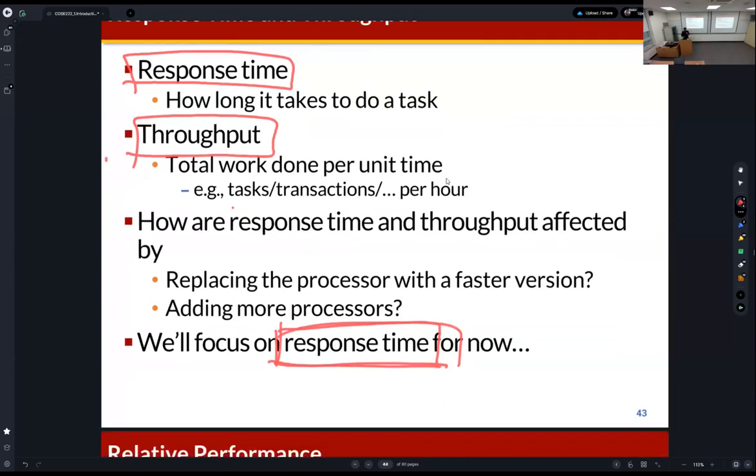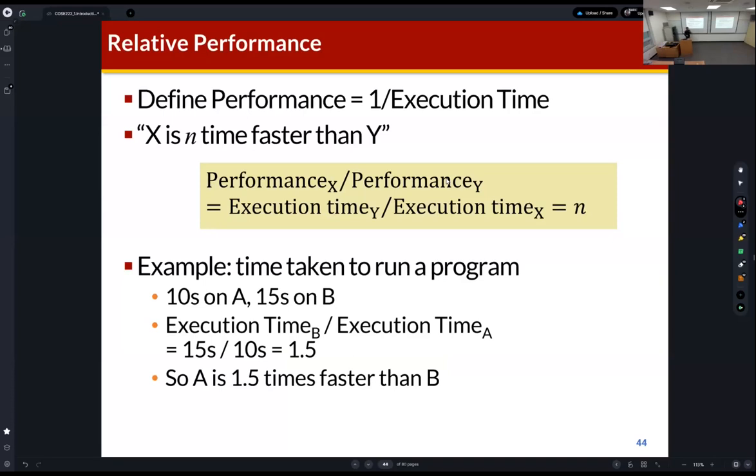Let's see, then what is the performance? Let me mention the performance of a computer system. You can frequently say, oh, my computer is faster than yours. Faster or slower, we can compare the speed of the system by measuring execution time or response time.